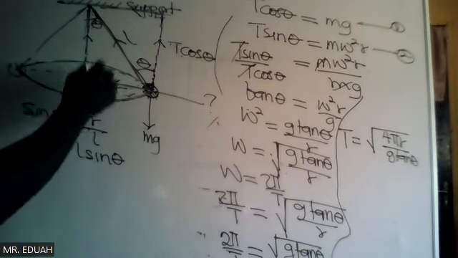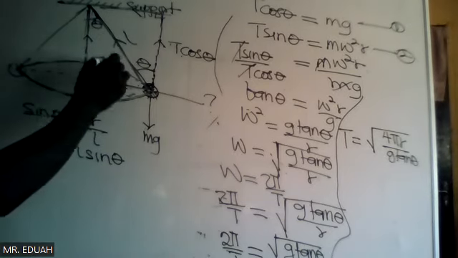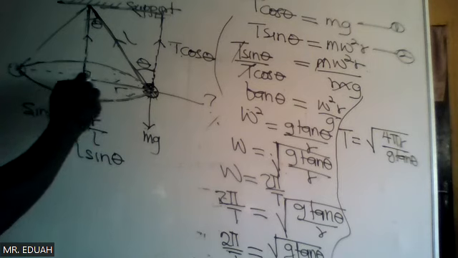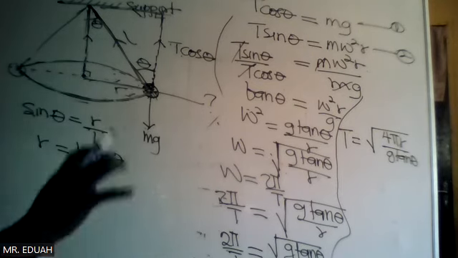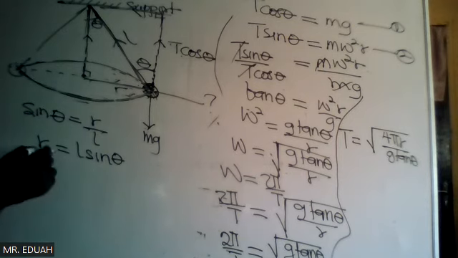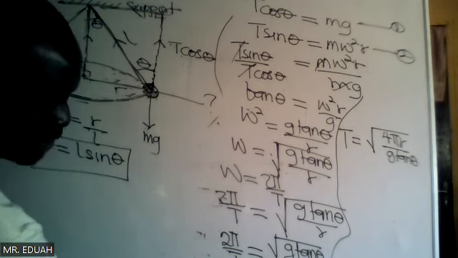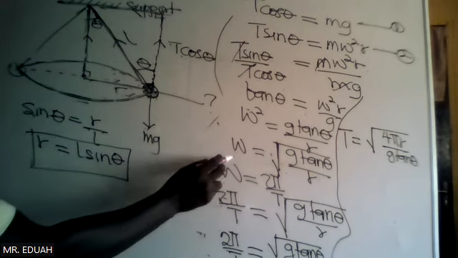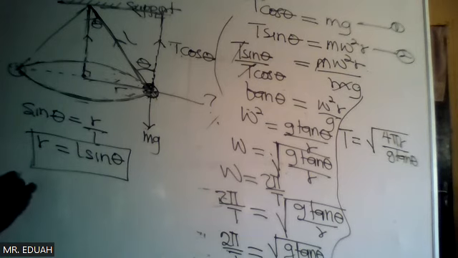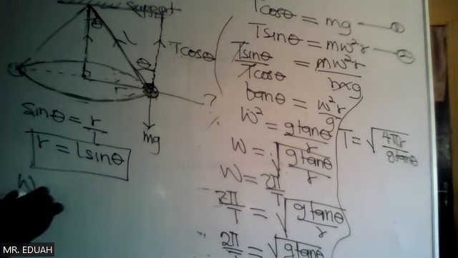But earlier we resolved the tension into its vertical and horizontal components. Now we can make R the subject and substitute it into this to find an expression for omega. Let me take omega squared.